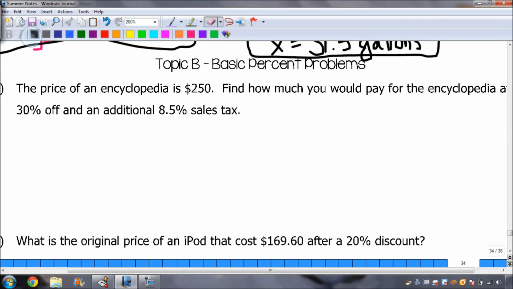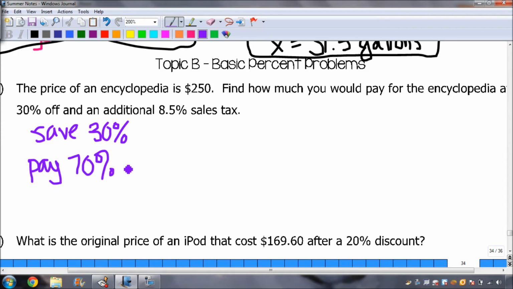If I save 30%, that means that you pay 70%, which is 0.7 as a decimal. And the reason you figured out that you pay 70% is because it's 100 minus 30.